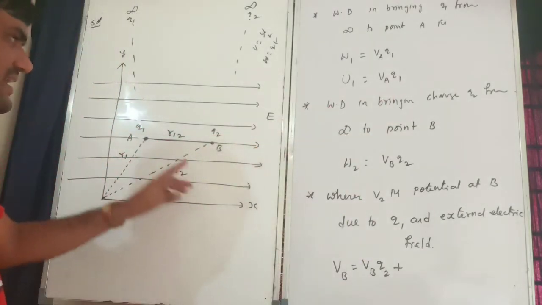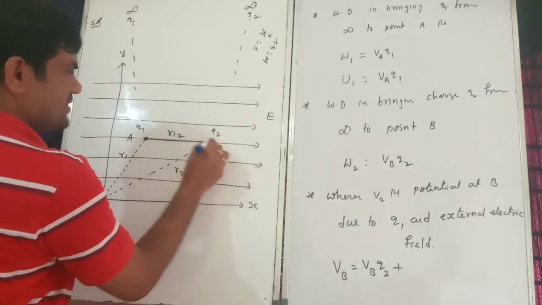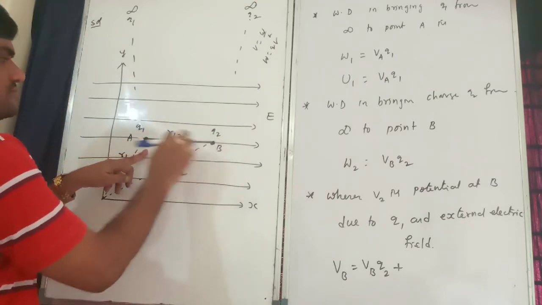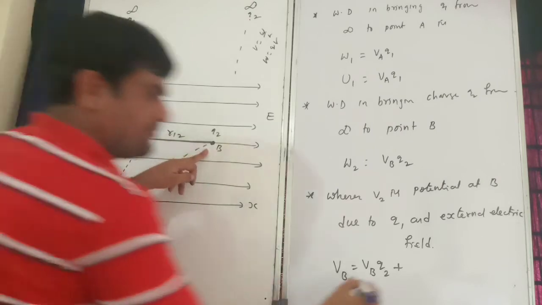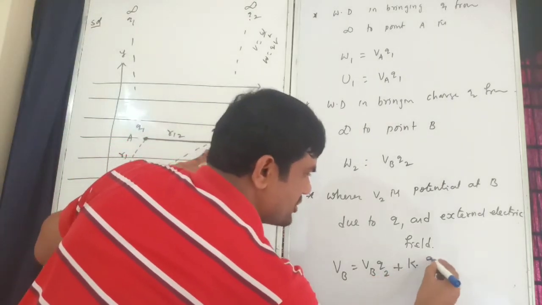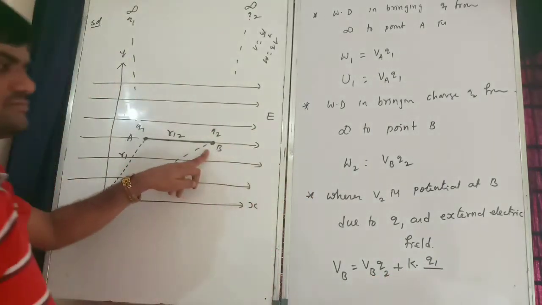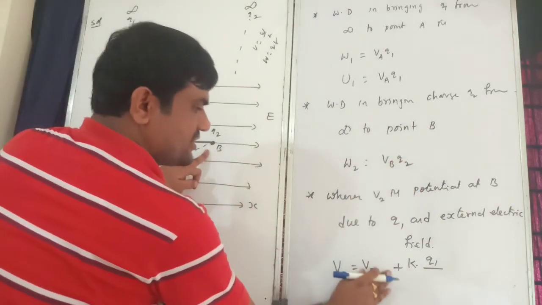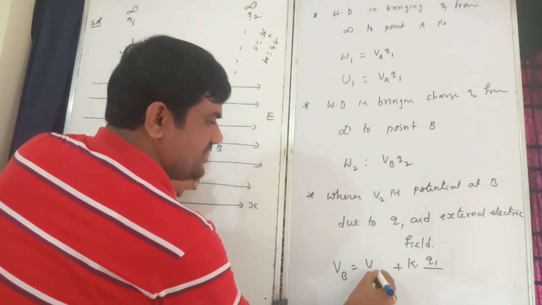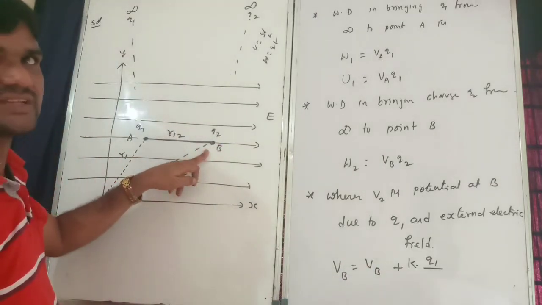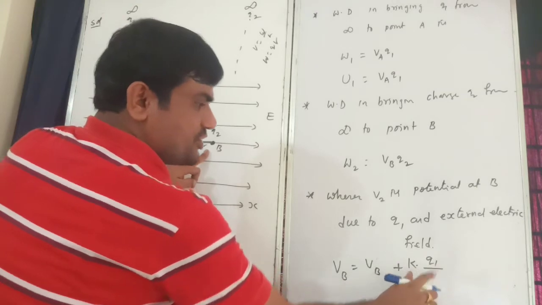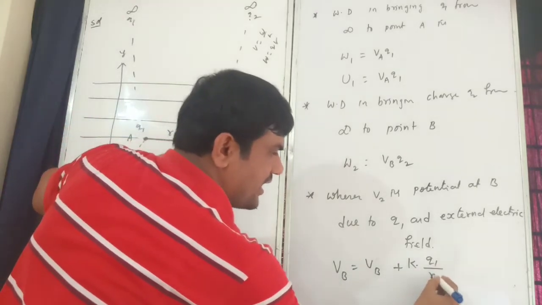Similarly, here they have given, at this point, Q1 is given potential. Therefore, K into Q1 by R12, so this is VB only, plus K Q1 by R12.